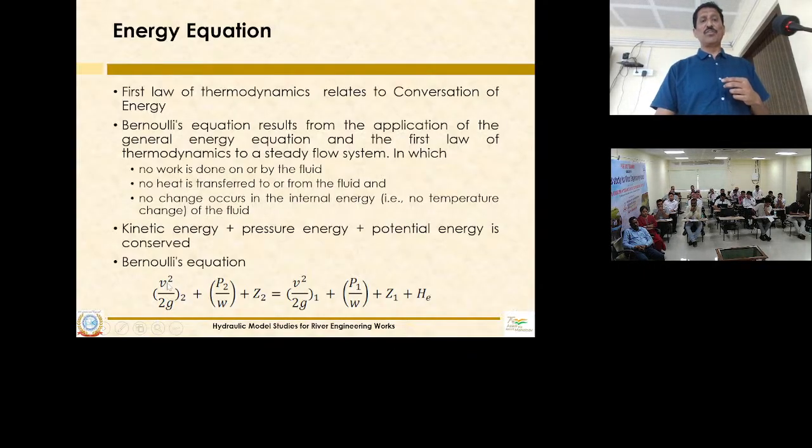What we get: V squared by 2g is the kinetic energy, then this is the pressure energy, and z is the energy due to elevation. These two sides are balanced and equated, but there are going to be some losses, and we account for those losses by the head loss, because it is not a prismatic channel, so head losses are going to happen. Only then can these two sides be equal and the energy be conserved.